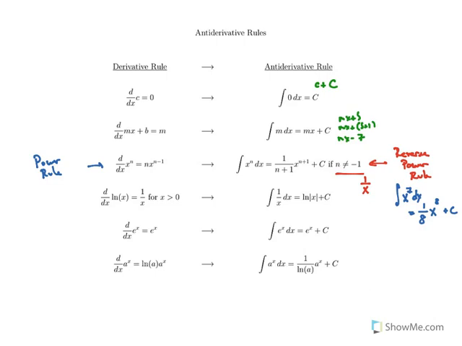The other big rule here that's kind of different than other rules is the derivative of natural log is 1 over x. That's only true if x is greater than 0. So that means that the antiderivative of 1 over x should be natural log, but we need the absolute value signs here.